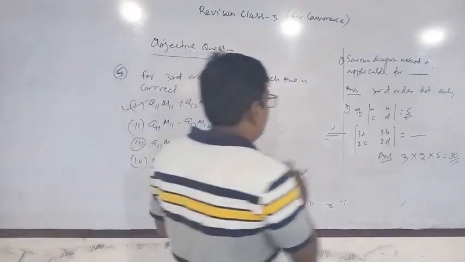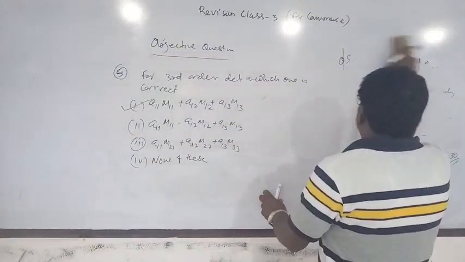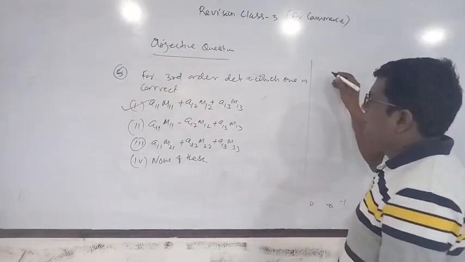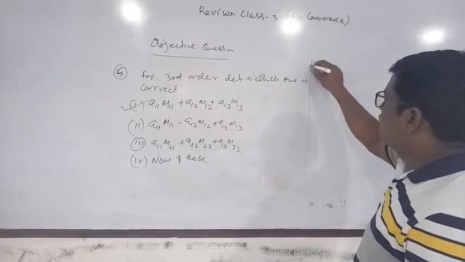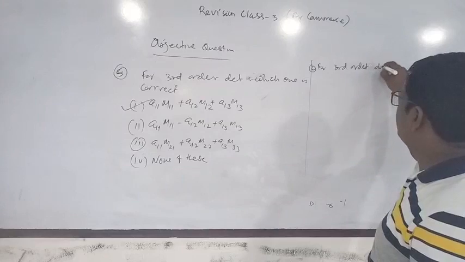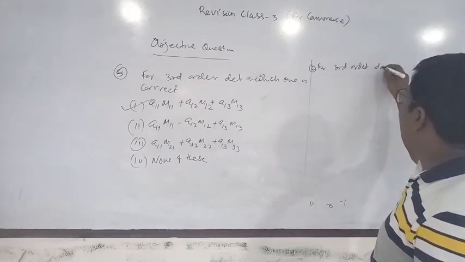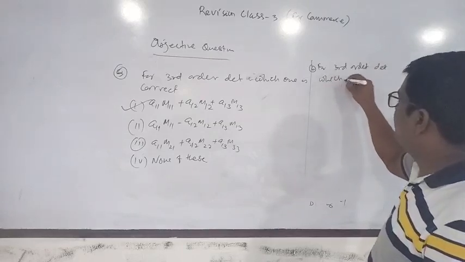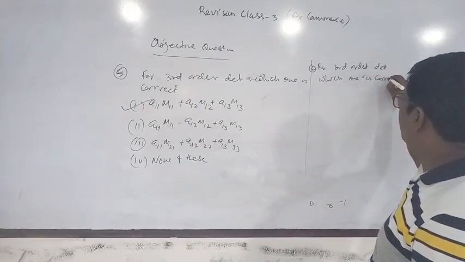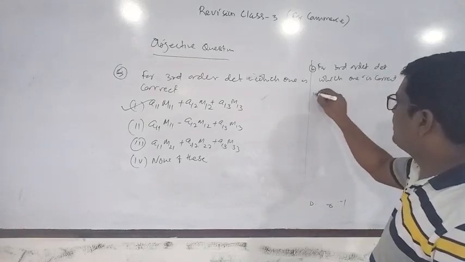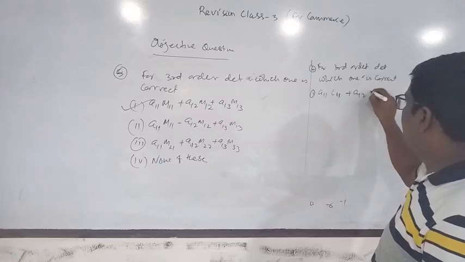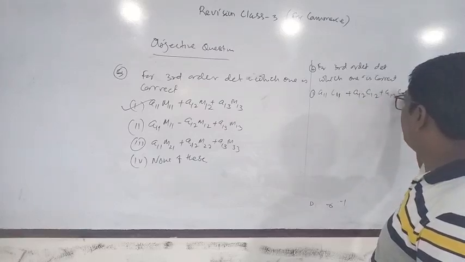Now, question number 6. For a third order determinant, which one is correct? First option: A11 C11 plus A12 C12 plus A13 C13.